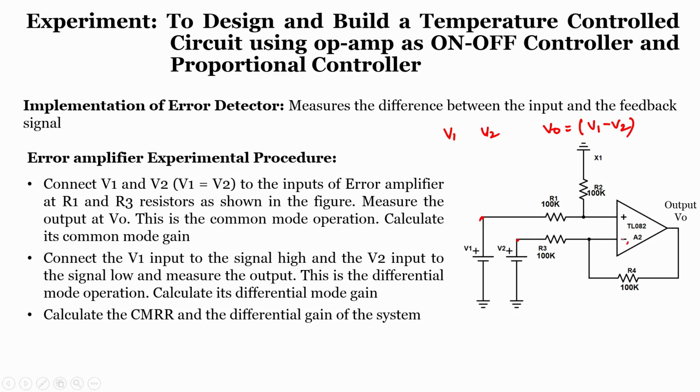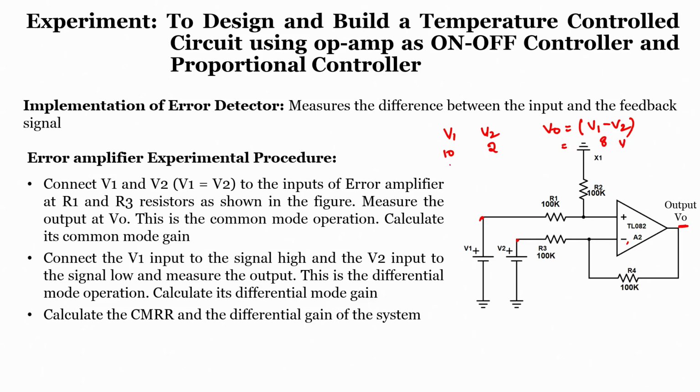Let me take one input as 10 and another input as 2. What will V out be? V out will be 10 minus 2, 8 volt. I should get an output of 8 volt, right.